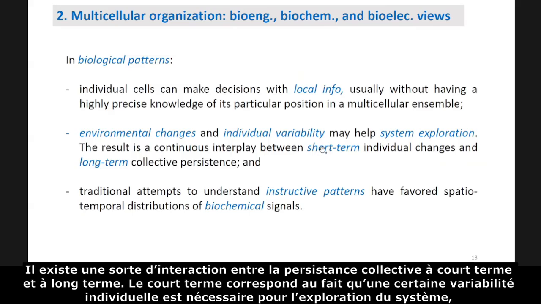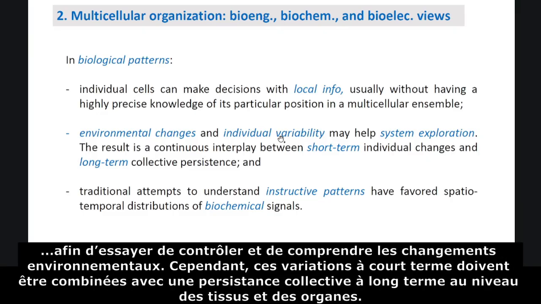Short-term in the sense that some individual variability is needed for system exploration, for trying to control and understand environmental changes. But these short-term changes should be combined with long-term collective persistence in tissues and organs, for instance. This is quite surprising for a physicist.